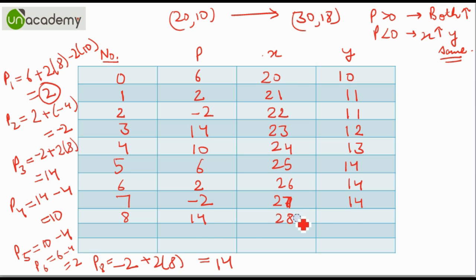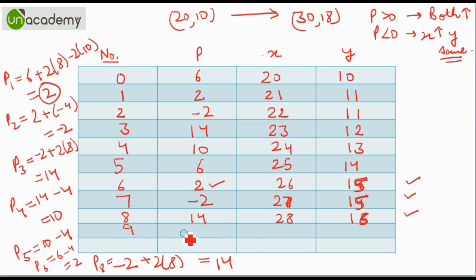Positive value, we will increment both. By mistake, I have written for the positive p value, I did not increment here, so this will be 15 and this also will be 15 and hence this will become 16. So now this is correct.